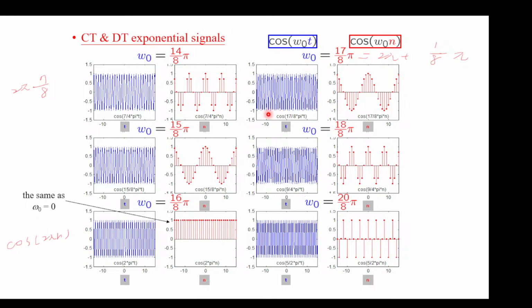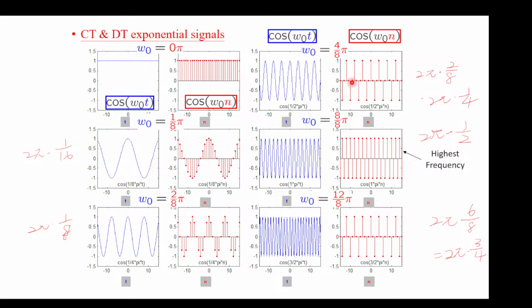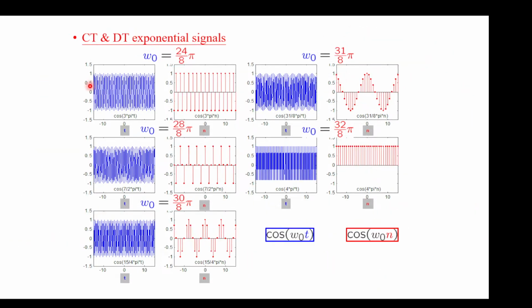So you see, it is going to repeat itself, and this 20 pi over 8 signal is the same as this 4 pi over 8 signal, etc. And then 24 pi over 8 is actually 3 pi over 8, and once again this is the highest frequency possible signal: 1, minus 1, 1, minus 1, etc. And finally at 32 pi over 8, this is 4 pi, so you have cosine 4 pi n, and this is a constant signal again.